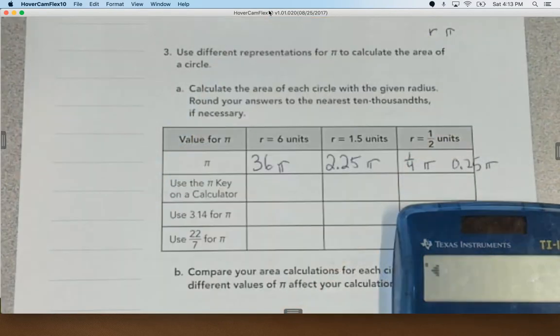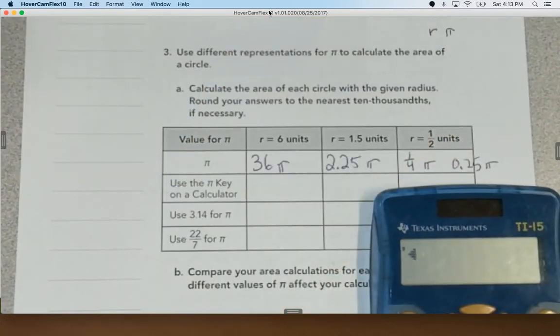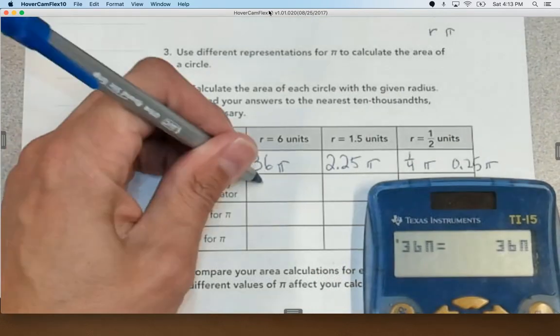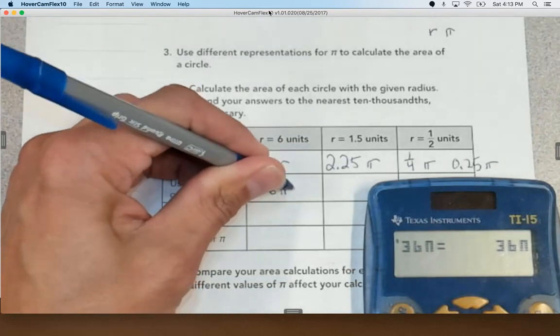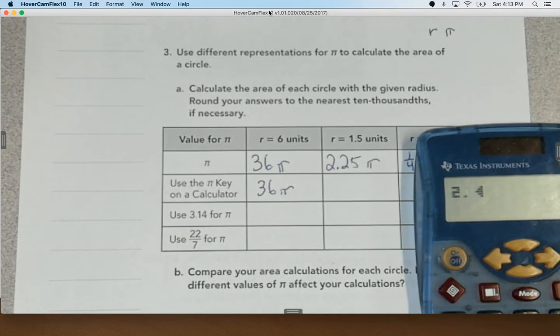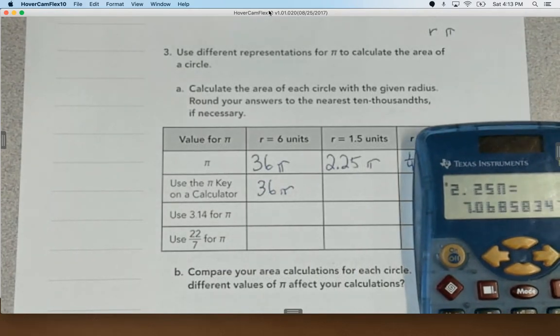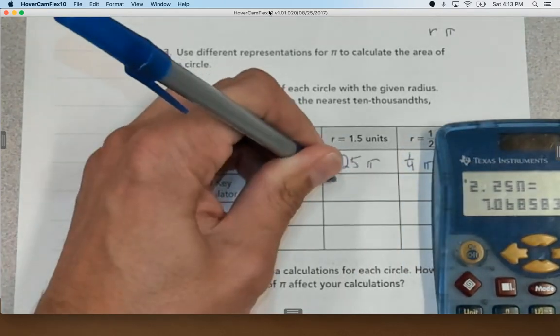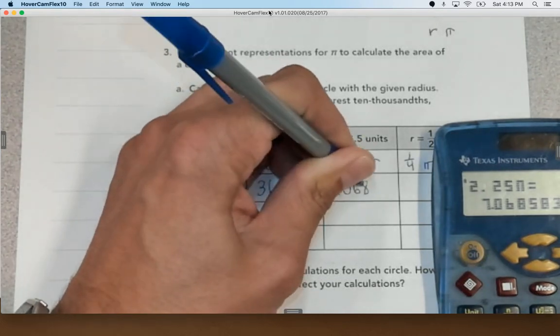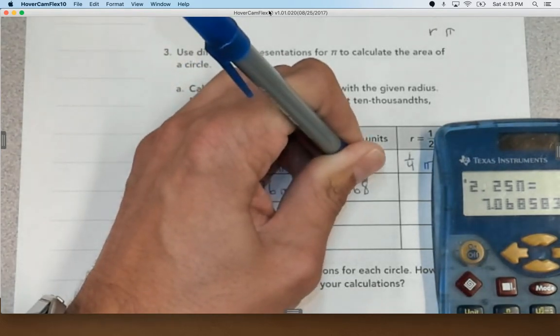Now let's try using the pi key. The calculator just says it's still 36 pi. I have an idea about why. Now this is 2.25 pi, and this one gives it to me here: 7.068 and then 58, so it would round up to a 6.